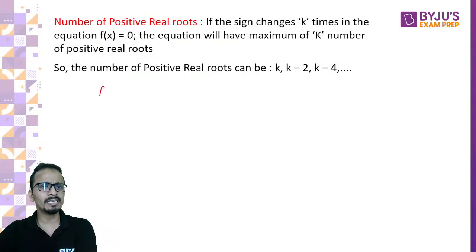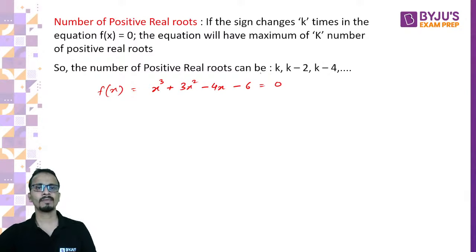Let me write an equation as, let's say, x cube plus 3x square minus 4x minus 6 equal to 0. Now in this case, just check how many times the sign is changing.